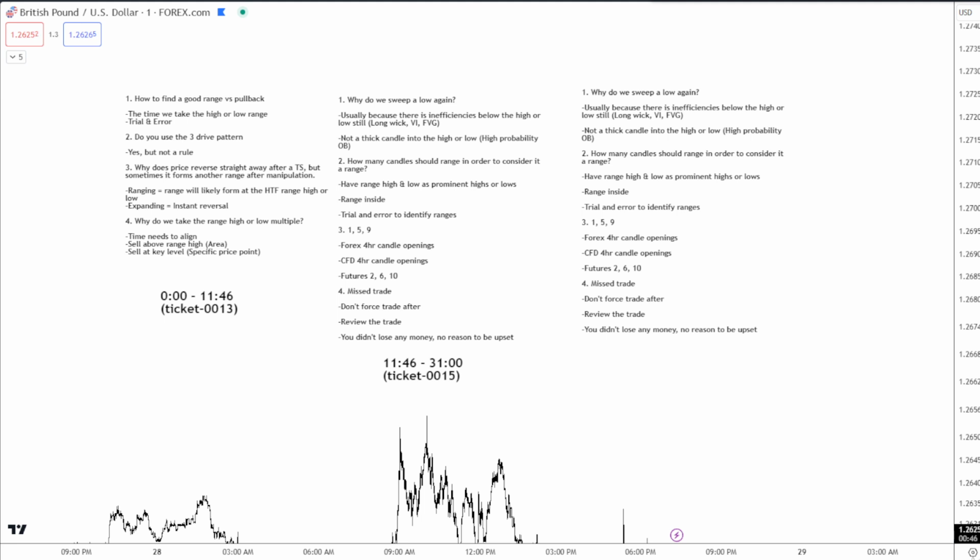Let me see. Ranged. This might take a bit. Okay, I think I found it.